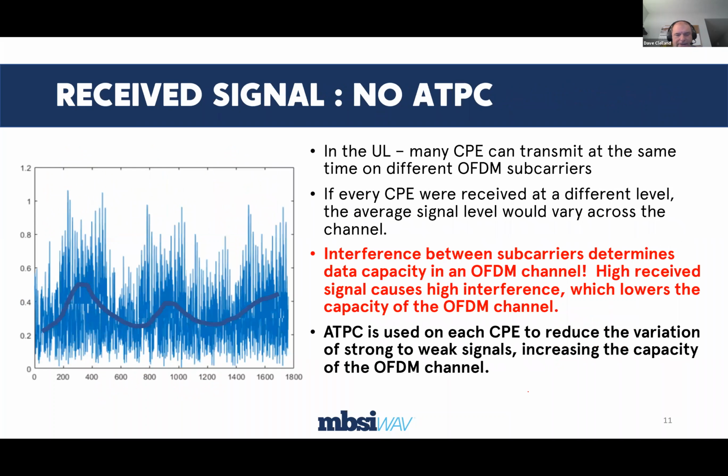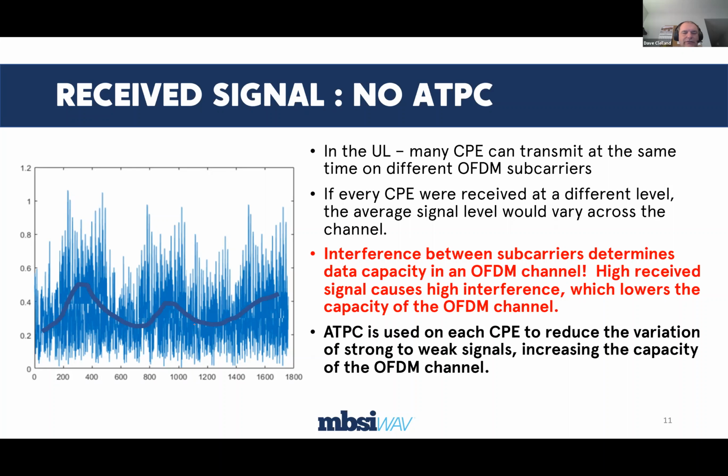In fact, the way that OFDM is transmitted depends on how much data the subscriber module has to transmit to the base station. If it has a lot of data, then it takes up a lot of the channel in time and frequency. If it has a little bit of data, then it takes up fewer subcarriers.